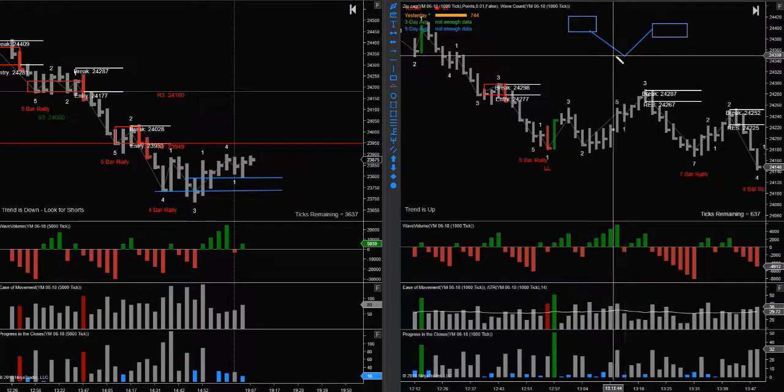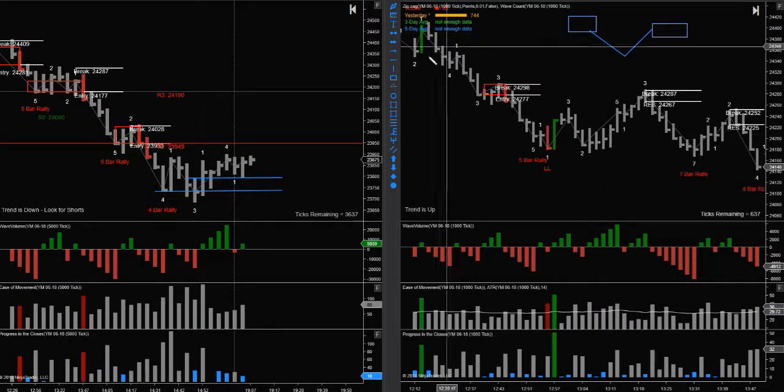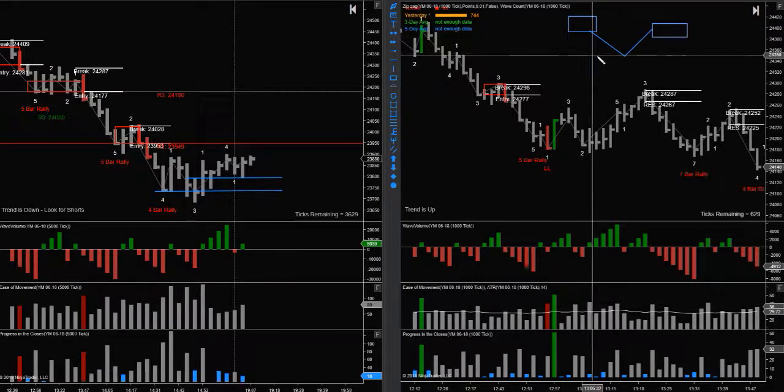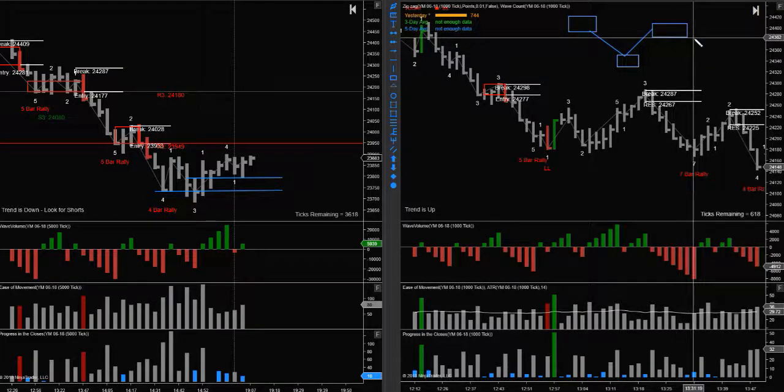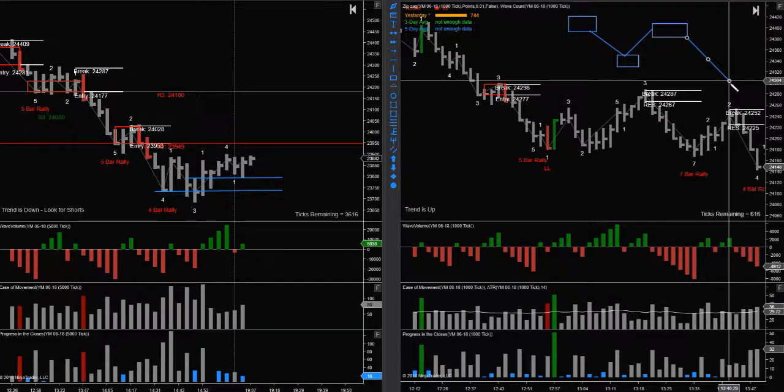And remember, there's also some accumulation here. Okay, because it gets oversold. What are they gonna do? Right? And then I'm gonna mark it down some more.